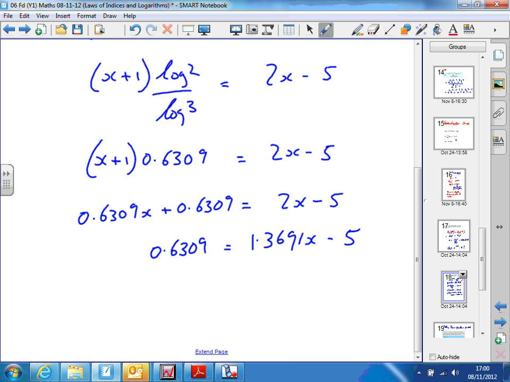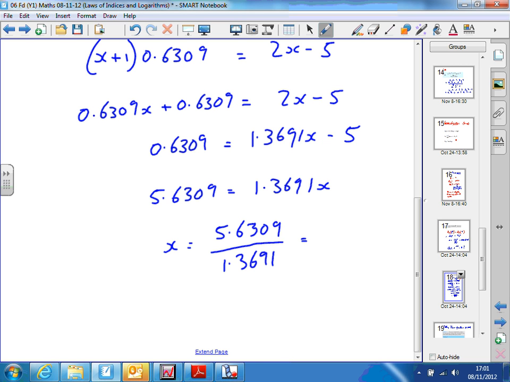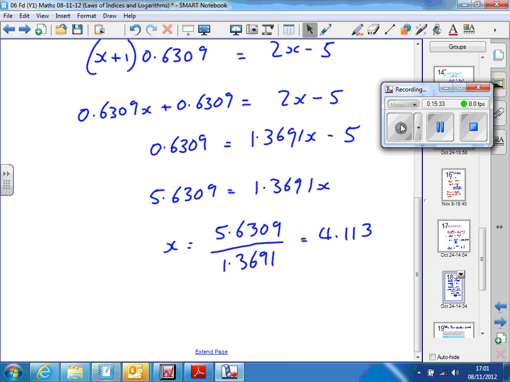And now let's get rid of the minus 5 on the right hand side by adding 5 to both sides. So 5.6309 equals 1.3691x. And now finally divide by 1.3691 to get x. Which gives 4.113.